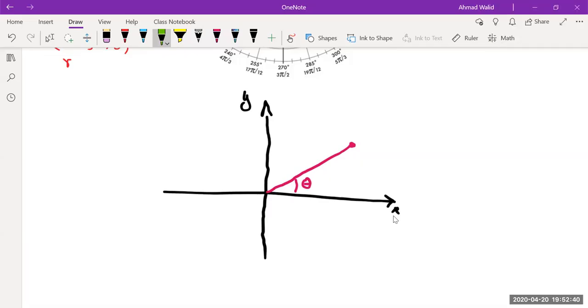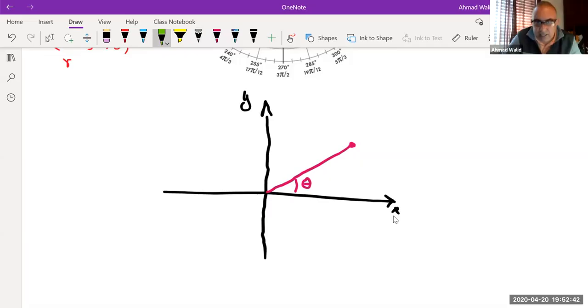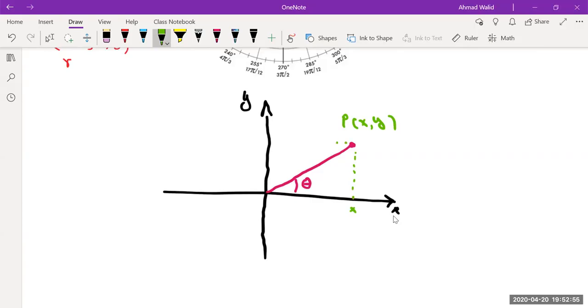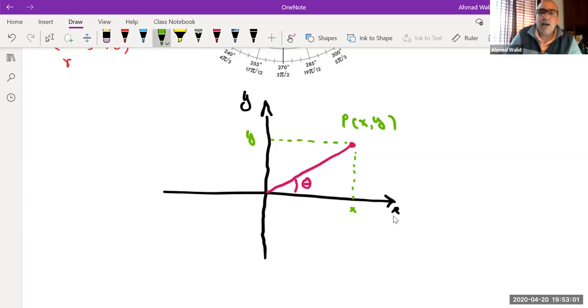Of course, this point in Cartesian has coordinates P(x, y), right? The distance of this point from here is x, the distance from here is y, and this is of course your r.